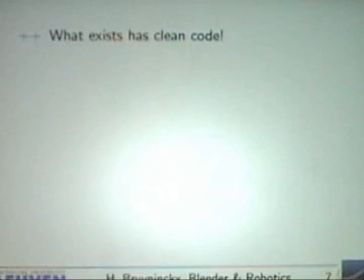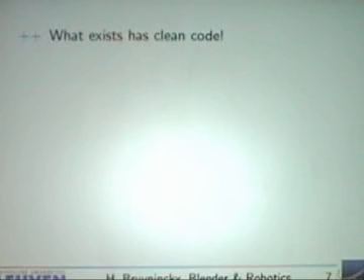I've been looking into the code in detail, at least the kinematics code. The geometric code is very good. It doesn't have everything that we need, but it is very good.